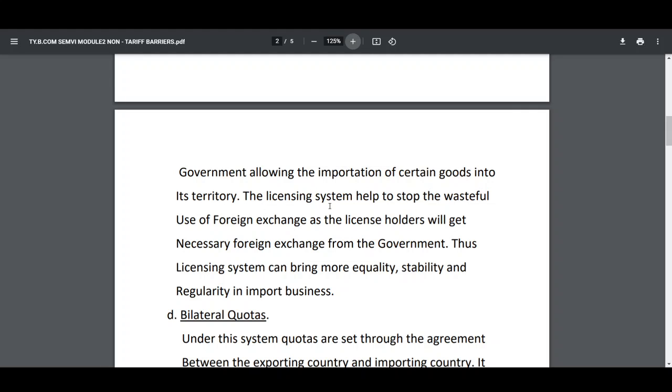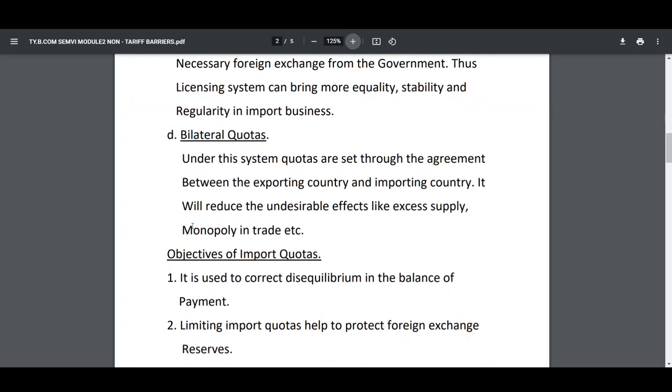The licensing system helped to stop the wasteful use of foreign exchange, as the license holders will get necessary foreign exchange from the government. Thus, the licensing system can bring more equality, more stability and regularity in import business.